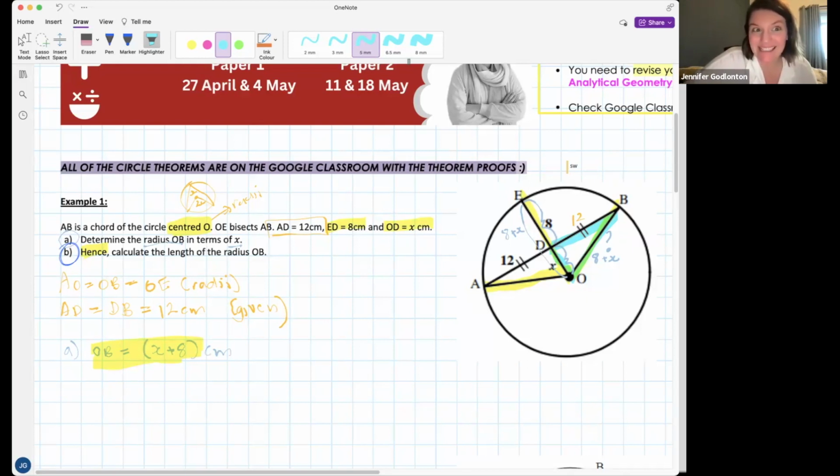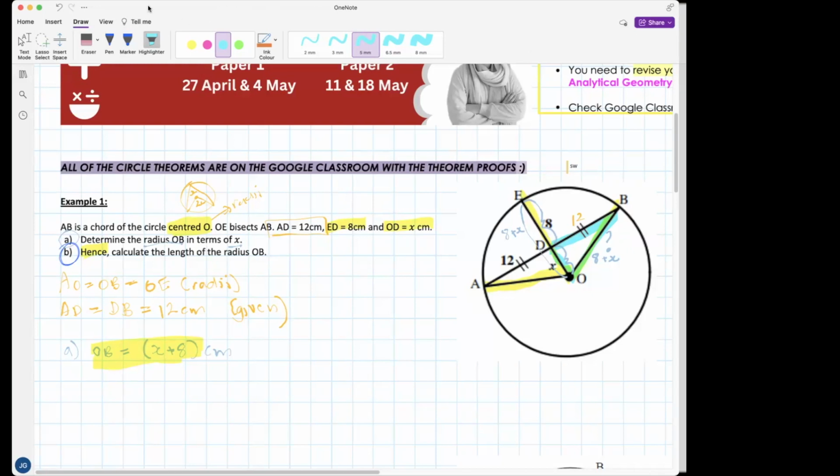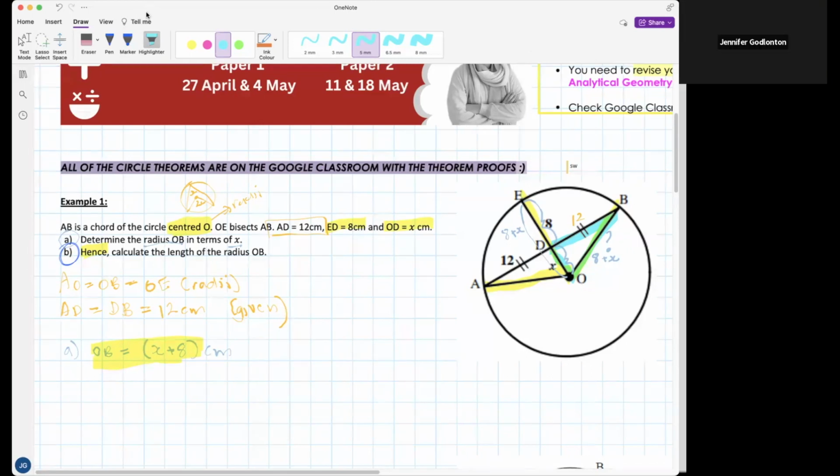Think about that 90. Ma'am, isn't it going to be the radii OE bisecting the chord AB? That's why angle D is 90 degrees.